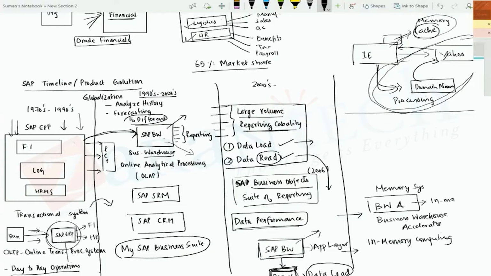The information that is stored in your BW system is copied over into your memory. So the next time a query runs, the query will not hit the BW system directly. Because the same information is stored in memory, it will directly go to memory and pull the information, so the information comes out extremely fast. When SAP started working on this in-memory computing functionality, they saw that there is significant potential for it, and that is how they started moving on to their new platform called SAP HANA.